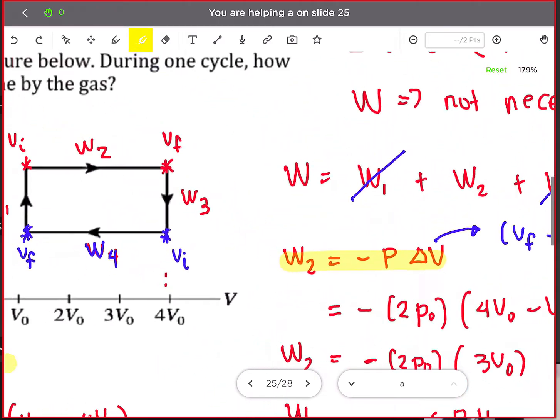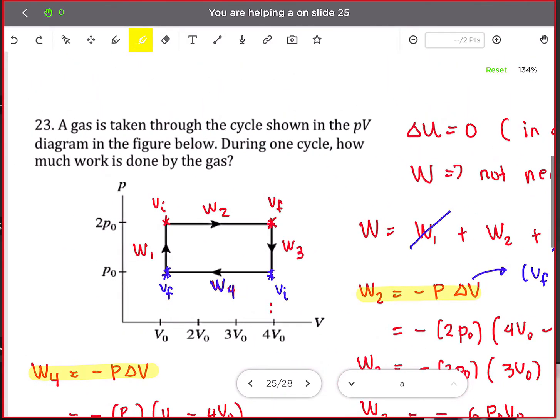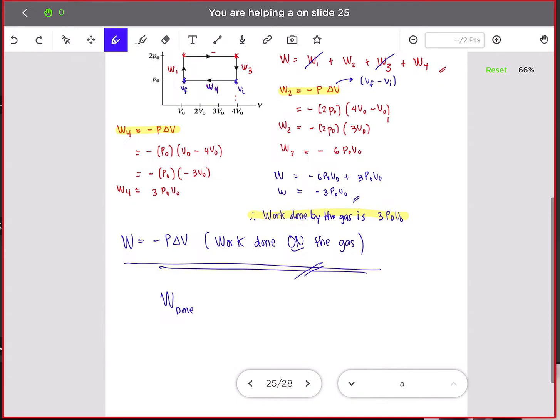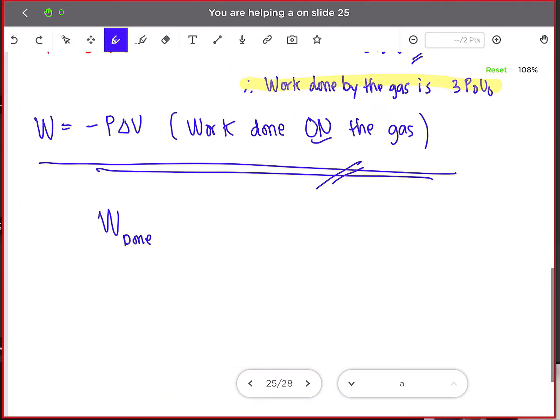But the question is asking how much work is done by the gas. So, very important: work done on the gas is just equal to the negative of the work done by the gas.